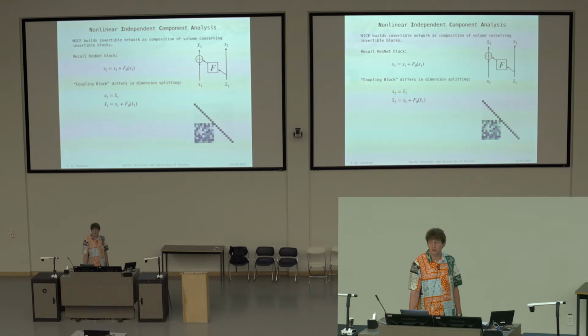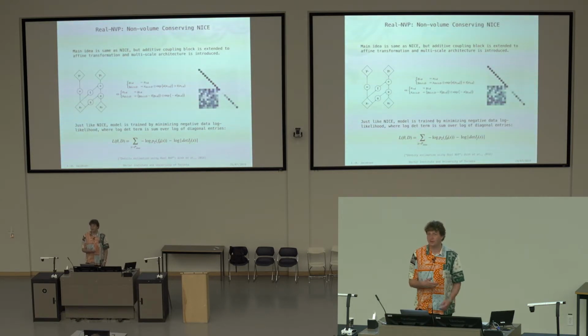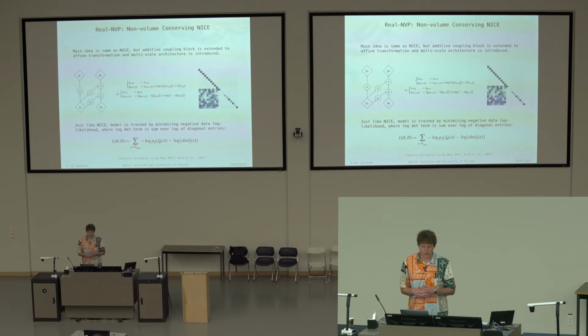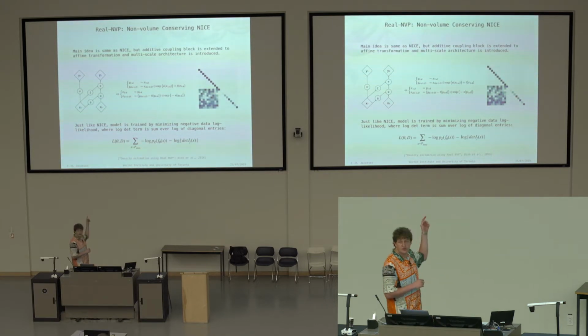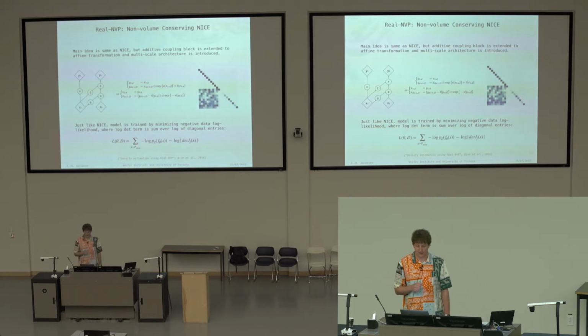Okay. So as already noted, the first obvious extension is how to make this non-volume conserving. That's what the so-called real MVP did, which is a direct follow-up of this work. Here, instead of just having these additive interactions, we now introduce multiplicative interactions, which are dimension-wise.